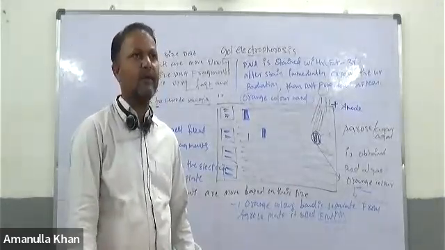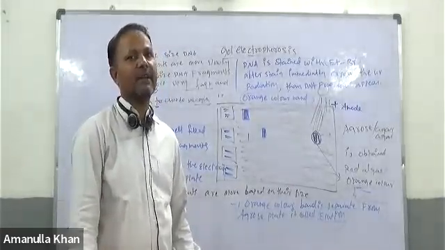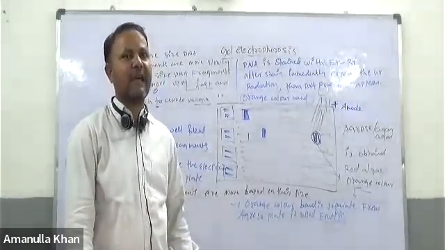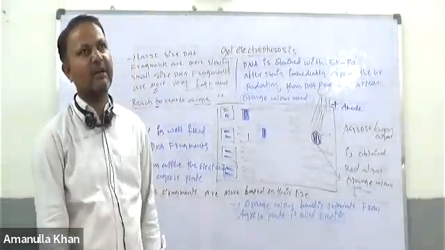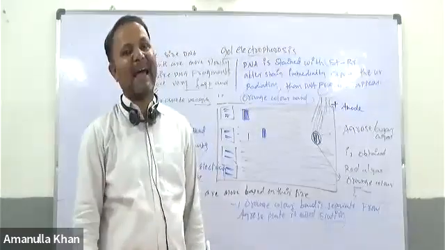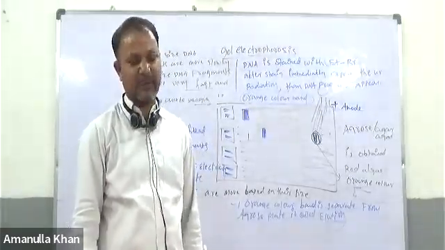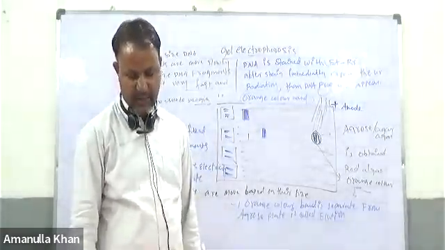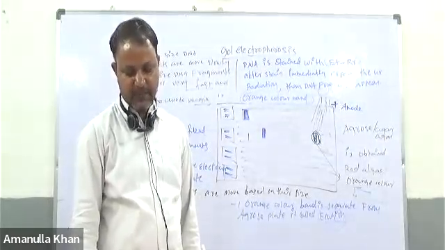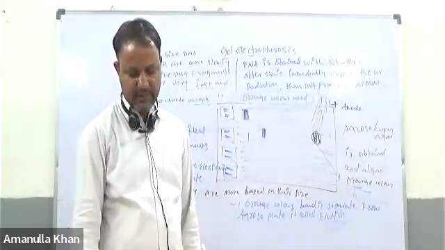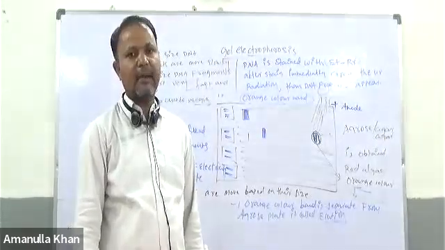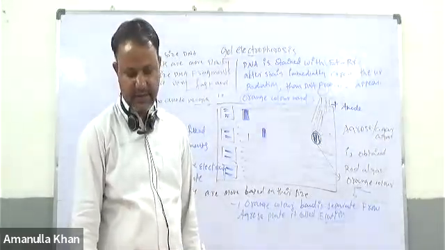Bacteriophage is used as a vector, cosmid is used as a vector, and plasmid and cosmid are different.